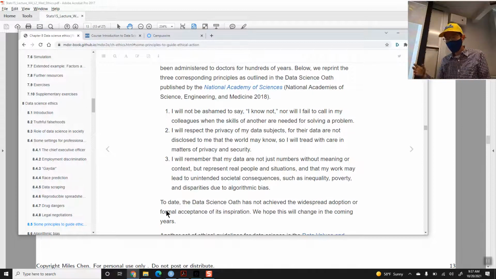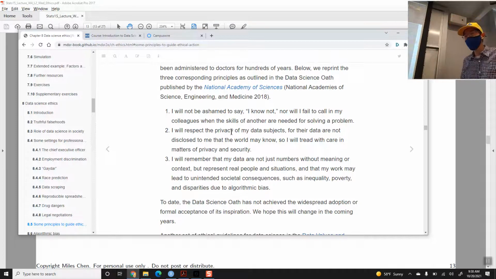Okay, so adapting the Hippocratic Oath for doctors to the realm of data science: number one, we can still say, not be ashamed to say I don't know, and we'll call on our colleagues when the skills of another are needed for solving a problem. That applies. And we should respect the privacy of the data of our data subjects.